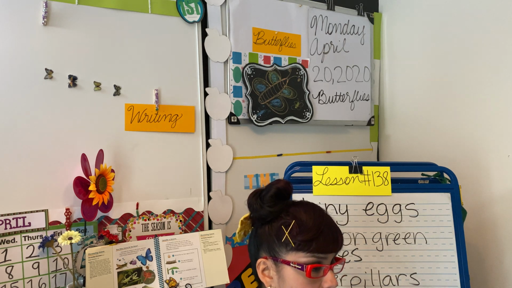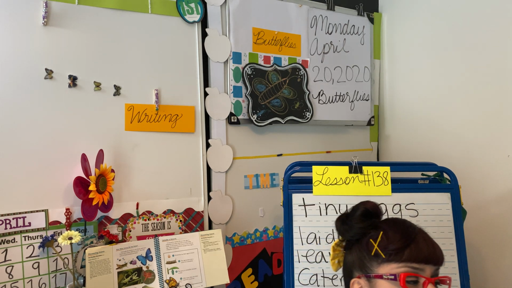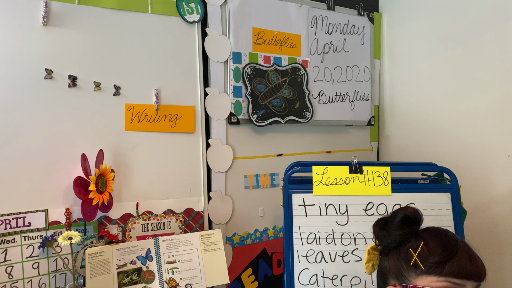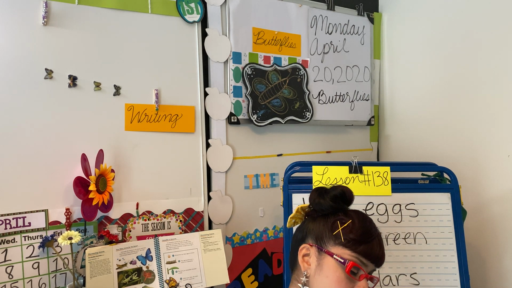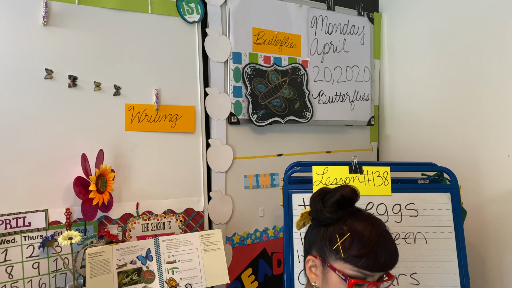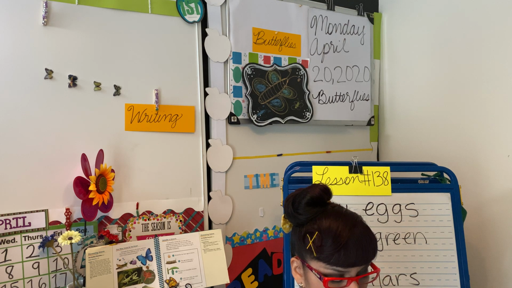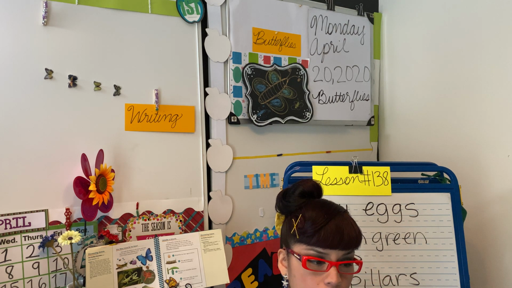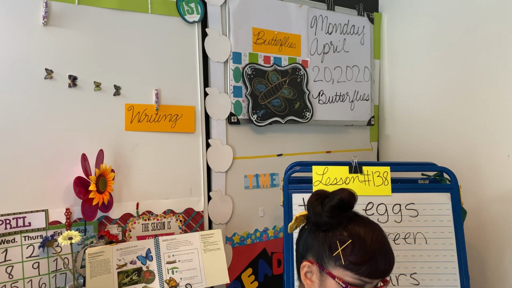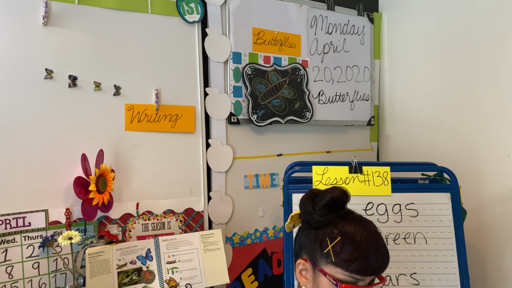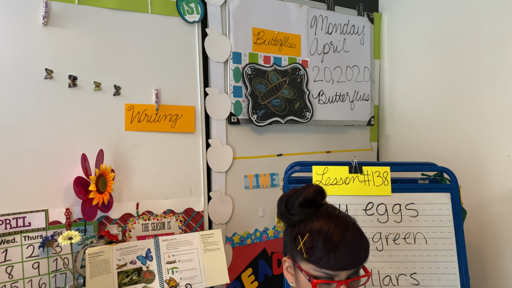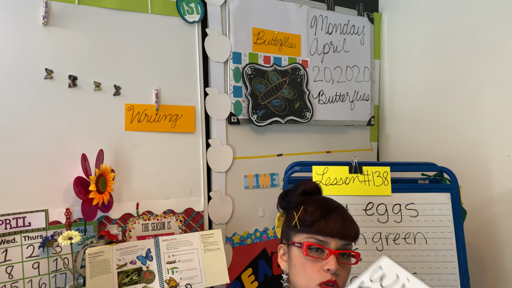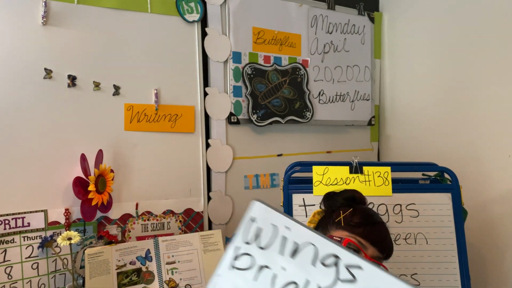So I'm going to say wings, and I'm just going to say bright colors. These are phrases for you. They're not complete sentences. These are help words to help you. So wings, and then bright colors.